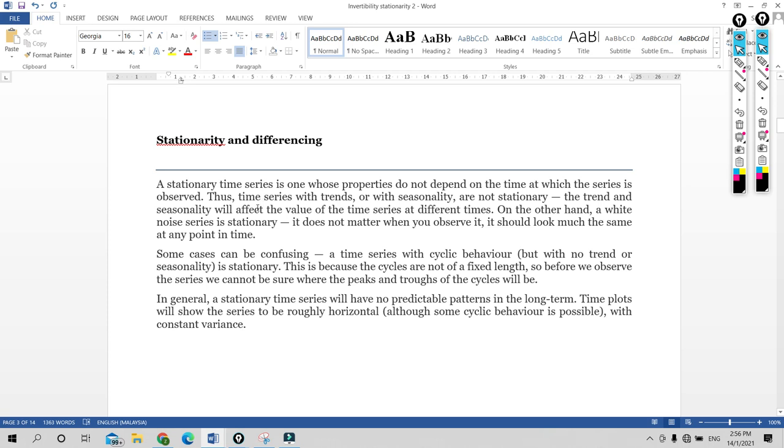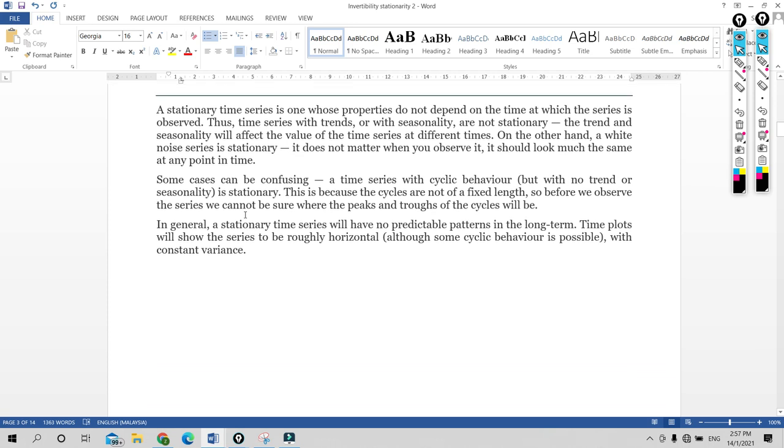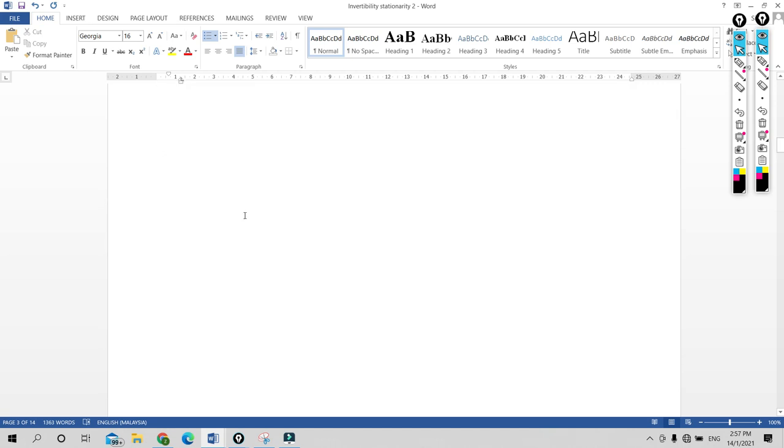In order to find whether the data is a stationary time series, we can check the behavior of the data. From that, we can determine whether the data is stationary or not stationary. This is just a revision of what I discussed in our previous lecture.